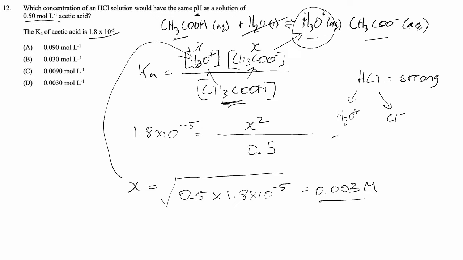So whatever the concentration of hydrochloric acid, that will equal the concentration of H3O because it dissociates completely. It's pretty straightforward. Therefore, to have the same pH as our acetic acid here that we've just worked out, it must have a concentration of 0.03 molar. So the answer here is D.